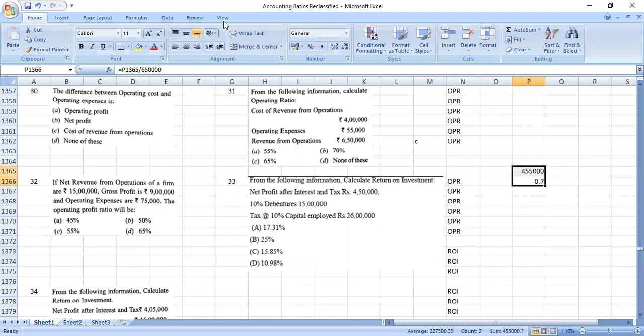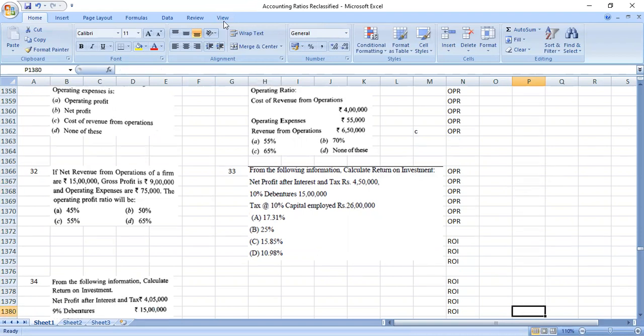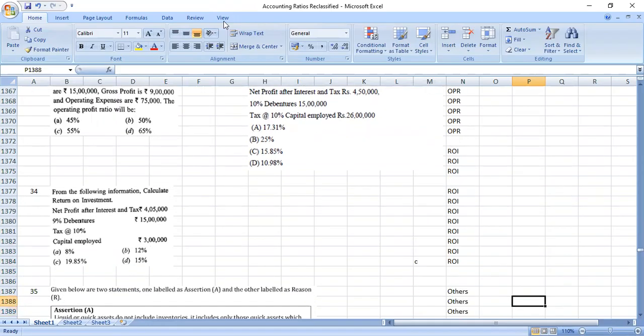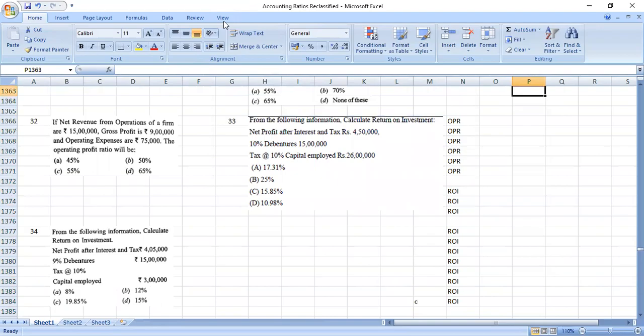Understood, children? Moving forward, net revenue from operation of a firm is 15 lakh, so sales is 15 lakh, gross profit is 9 lakh, and operating expenses are 75,000. They're asking for the operating profit ratio.